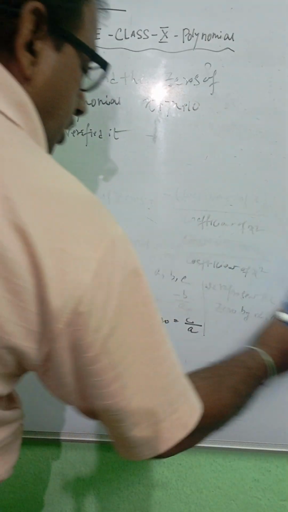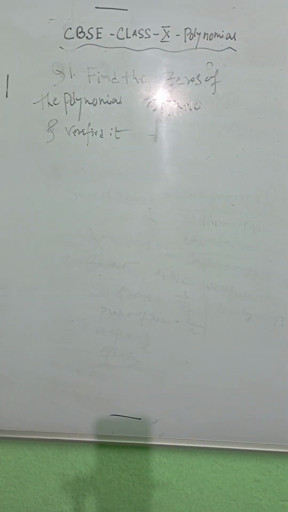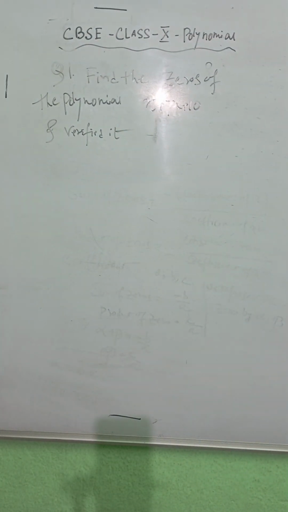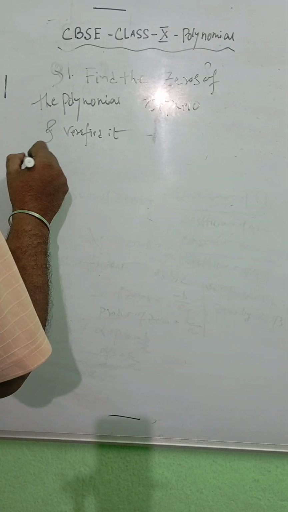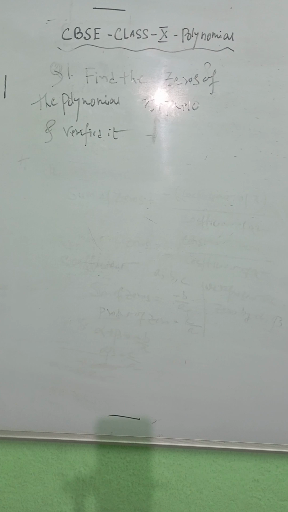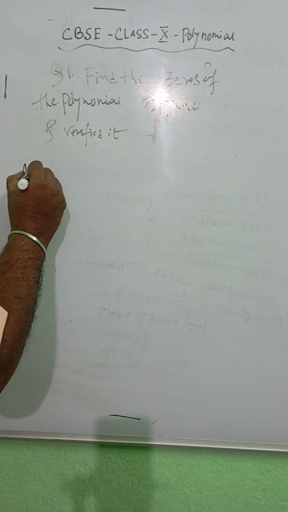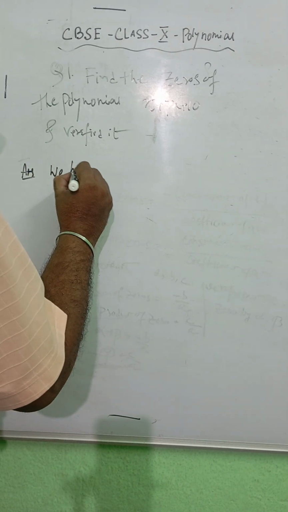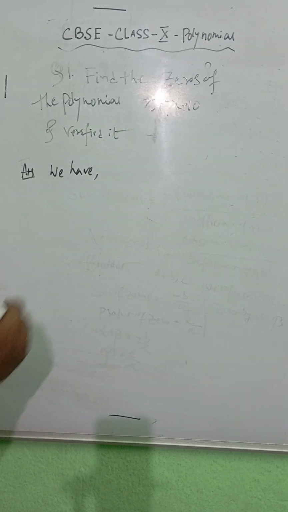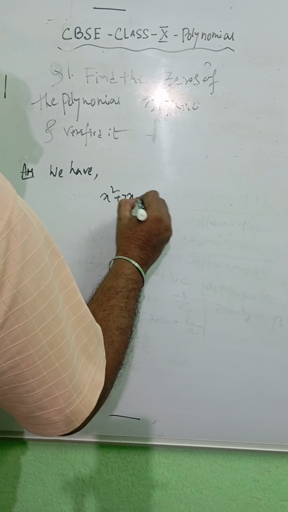Now how to start the answer? Basically start the answer with question, now answer. We have x square plus 7x plus 10.